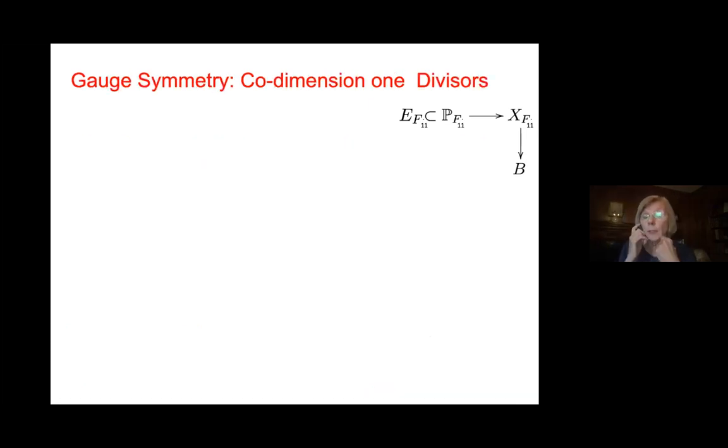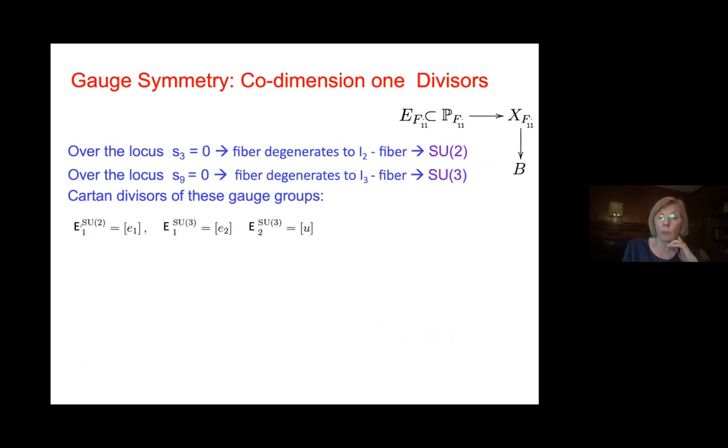So let's turn now to studying the gauge symmetry in this case. Gauge symmetry appears at codimension 1 singularities and is associated with the vertical divisors. One such singular locus is when S3 is 0, which degenerates to the SU2 fiber, and another degenerate locus is at S9 equals 0 that degenerates to the SU3 locus.